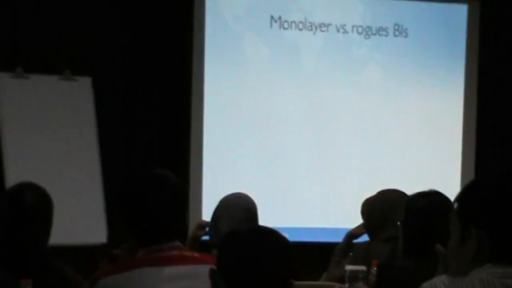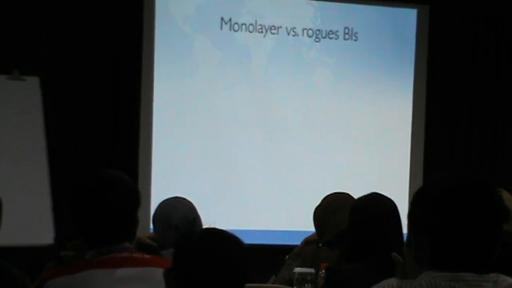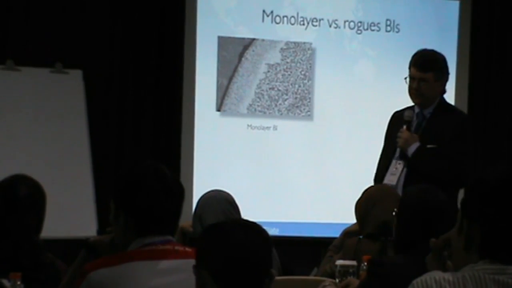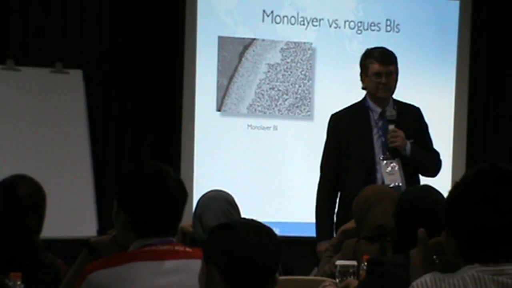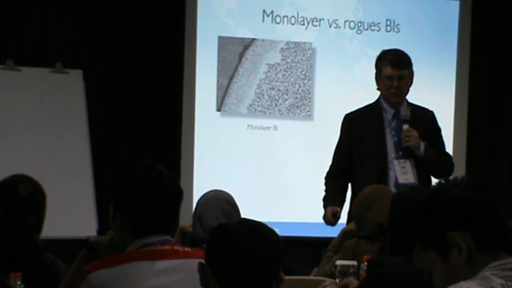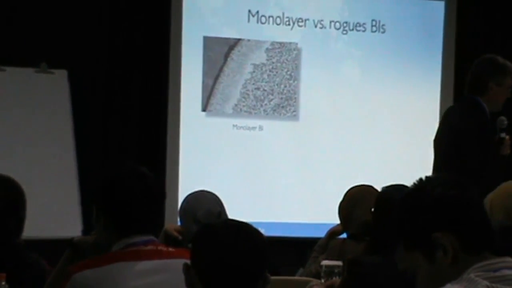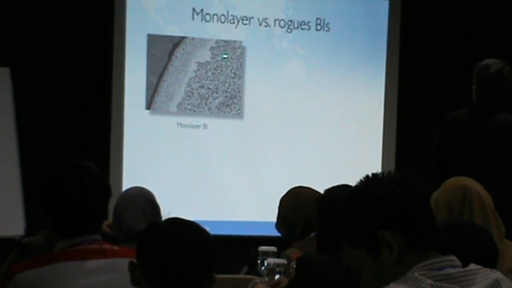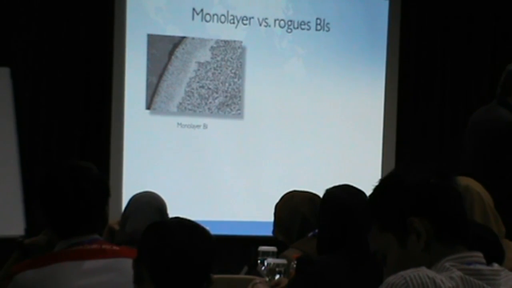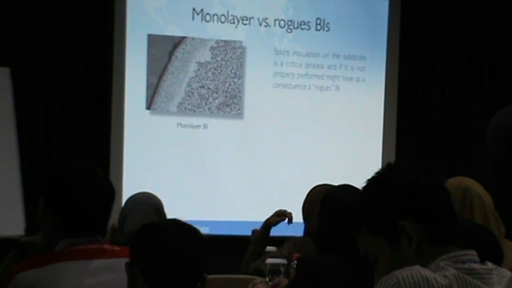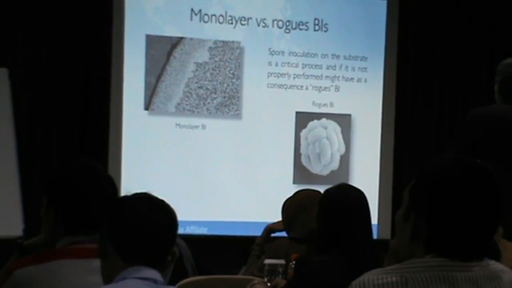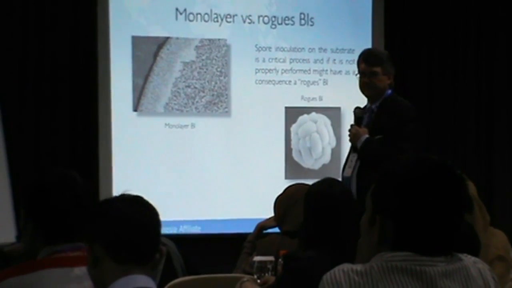The solvent is the key issue because DI water can create a lot of problems because of the surface tension of the water, and I'll show you in a minute. We need to create a monolayer of spores, because if we don't get a monolayer, we get the rogue BI.